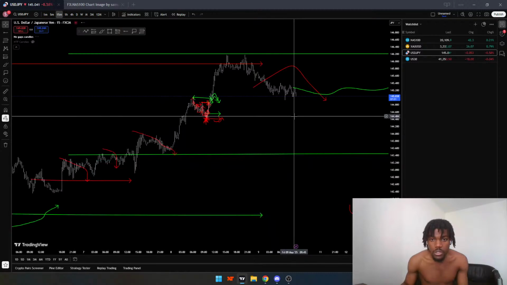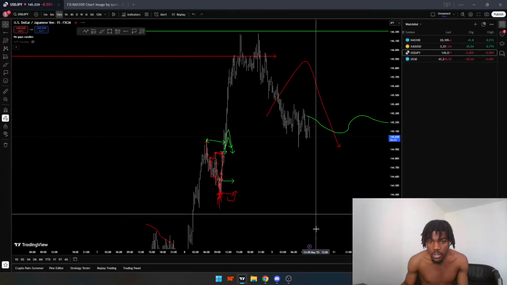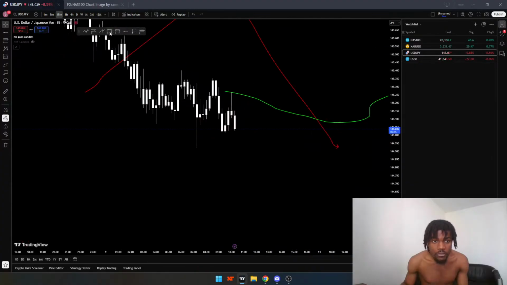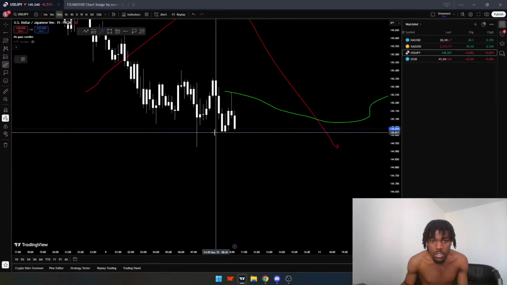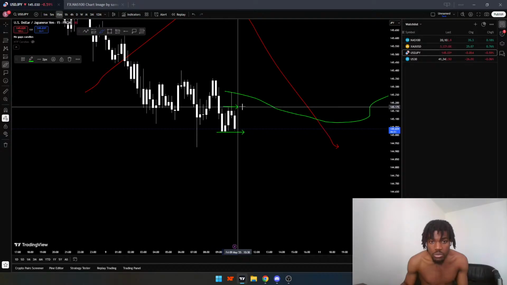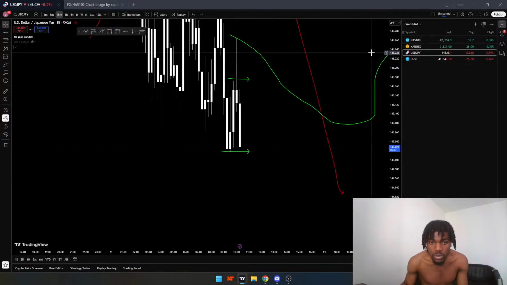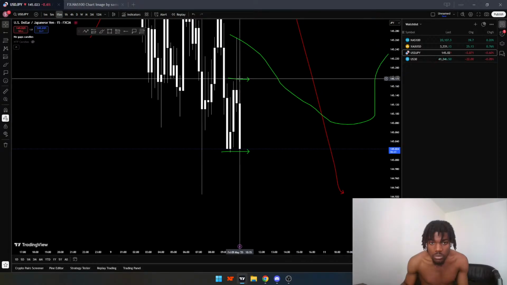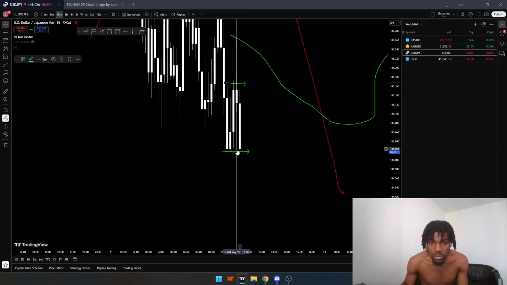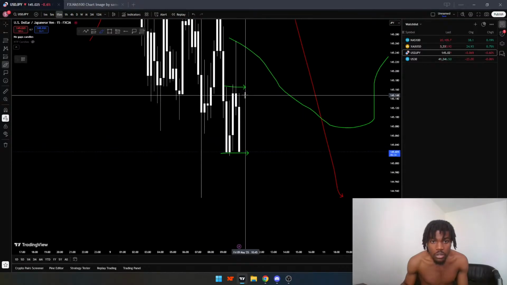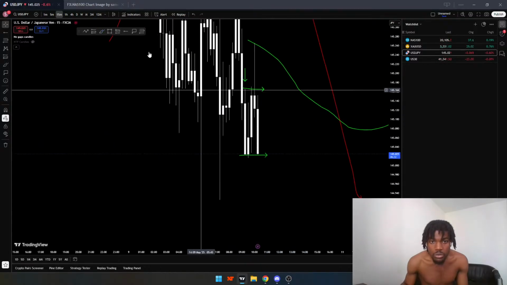So let's go on the 15-minute, and then now we're gonna just know where we are on a scalping environment, which is just the 15-minute previous candle. I'm looking at this down candle there.